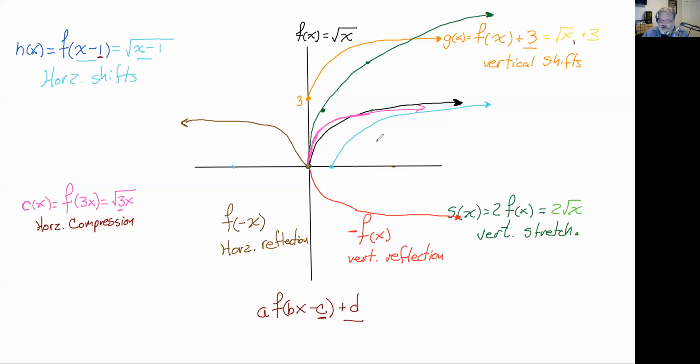No matter how we think about those, as multiplying by -3, so we divide by -3, or as multiplying by 3 and then separately thinking of this horizontal reflection, we end up in the same place either way.